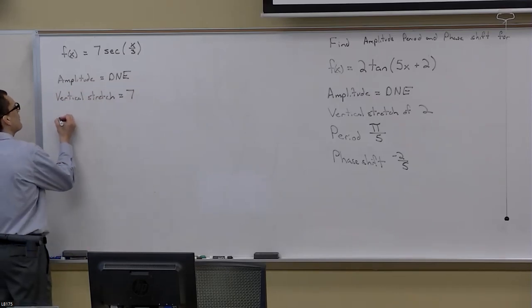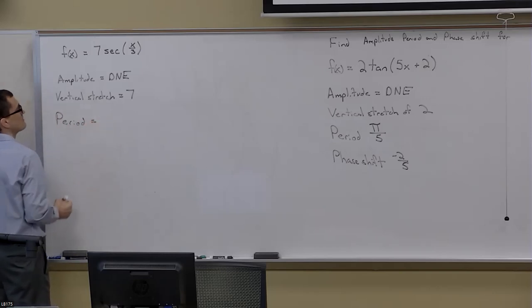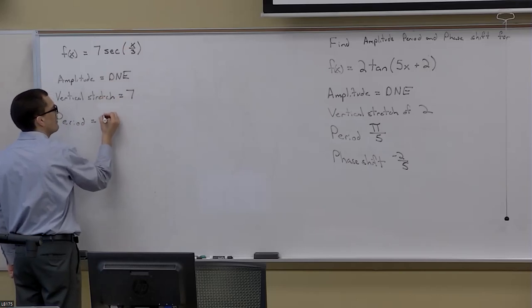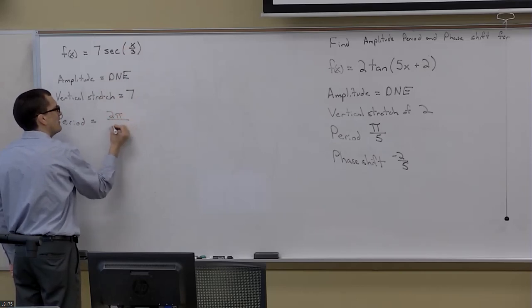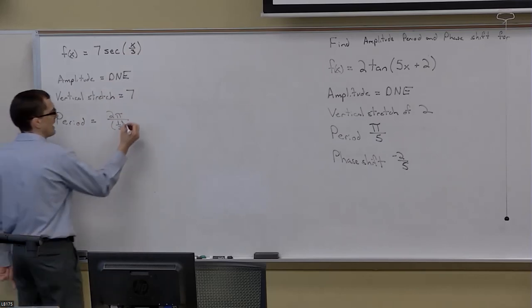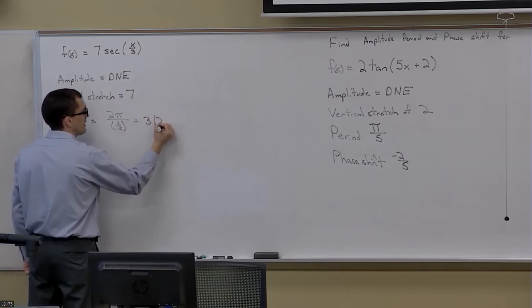All right. When you go to calculate this fundamental period, notice that we're dividing by 3. So that's like taking my original period for secant, which is 2 pi, and dividing by a third, which is the same thing as multiplying by 3, right? So dividing by a third is the same thing as multiplying by 3.